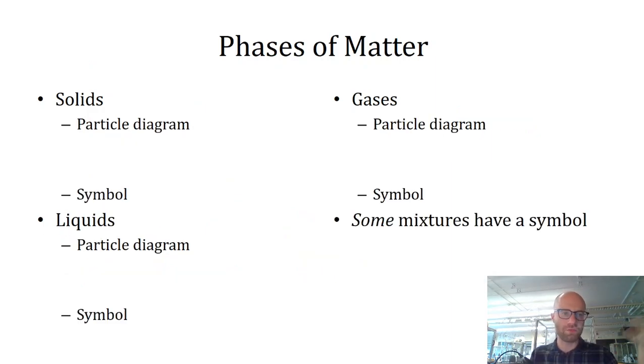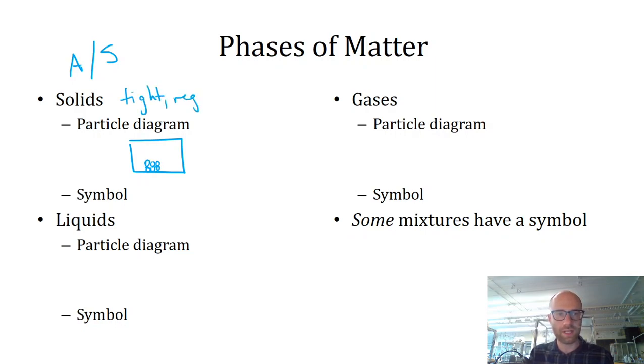So working a little bit further, to both the atomic representation and the symbols, for a solid, the best way to show that a solid is in fact solid is to show a large number of tightly packed particles, so tight, regular packing.